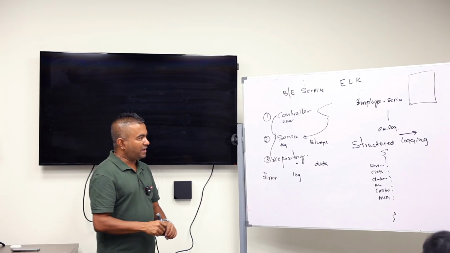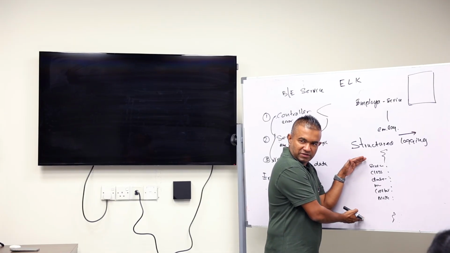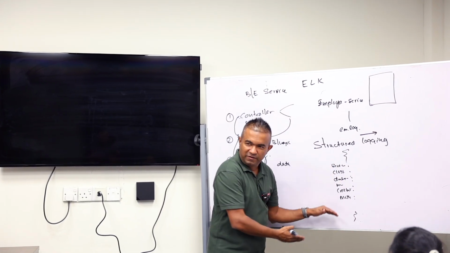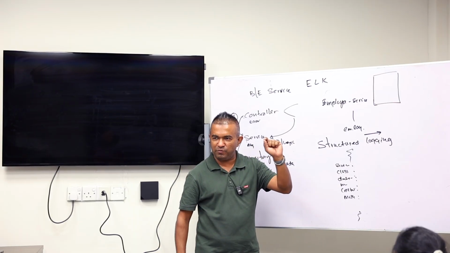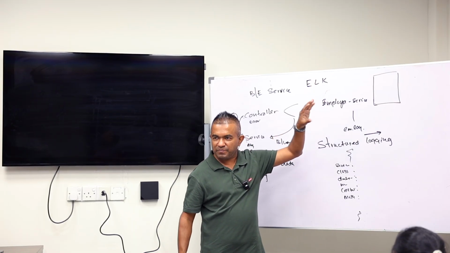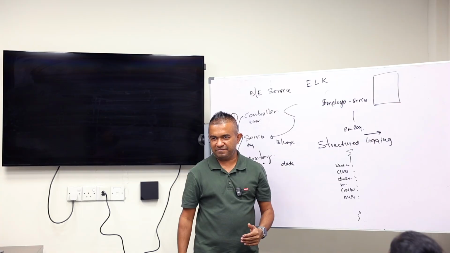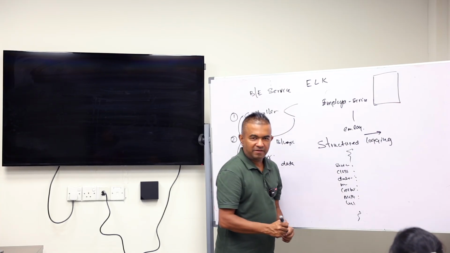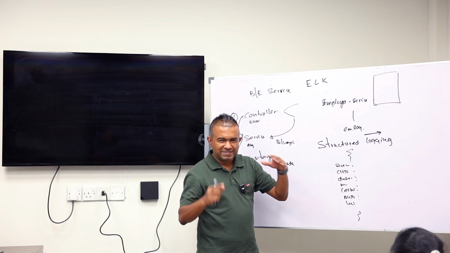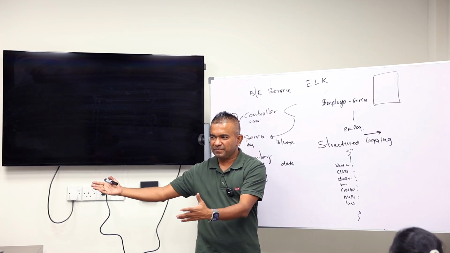Okay? Now we have a structured log. We have all the information in a very structured way. We know what the message is, what the time is, and everything. So Elastic can index it nicely. Also we have a log level. Just assume you are putting this into a table, and these are columns.